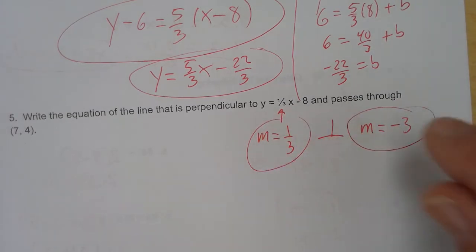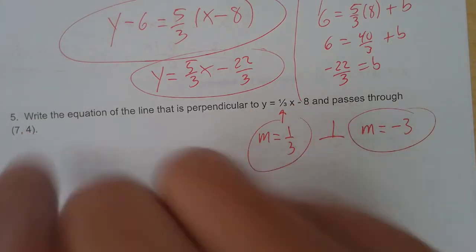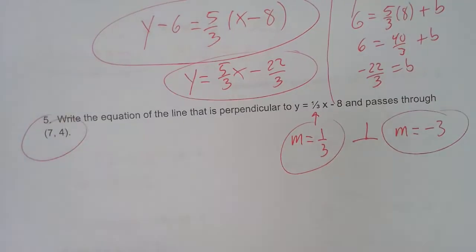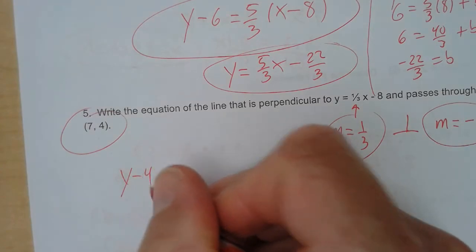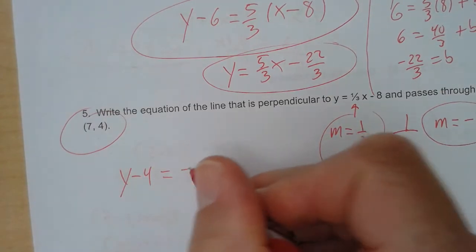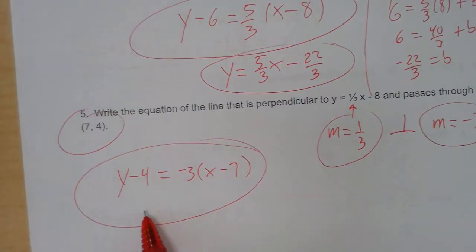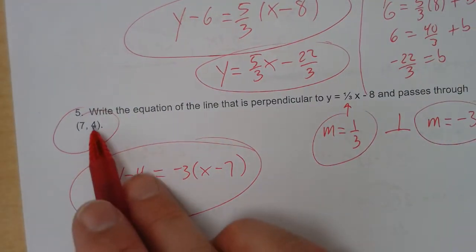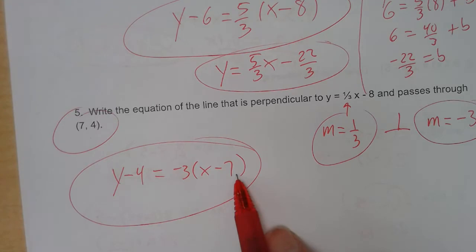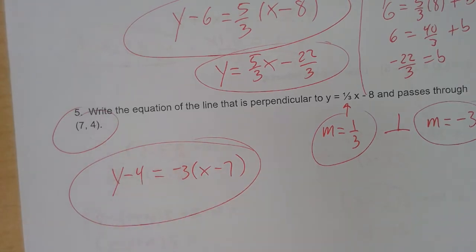So we want to be perpendicular to this and passes through this point. So there's my point. So I got y minus 4 is equal to -3 times x minus 7. There's the answer in point slope form. Put the y there, put the x there, and then -3.